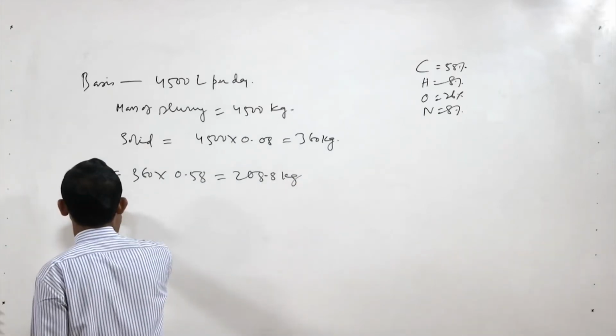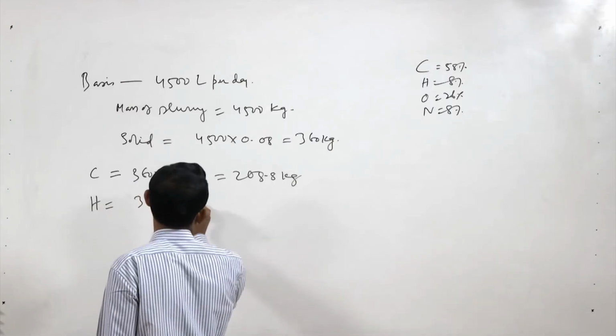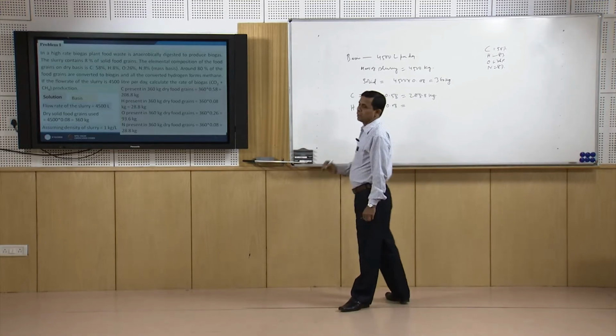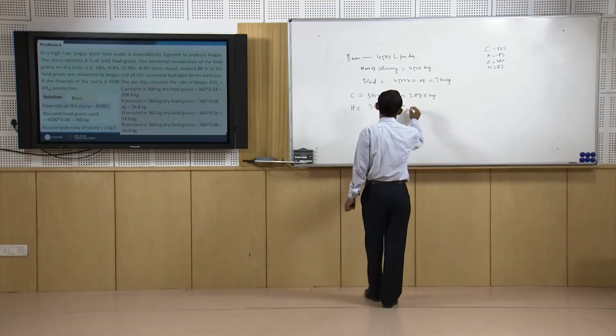Hydrogen: 360 into 0.08, that is equal to 28.8 kg.